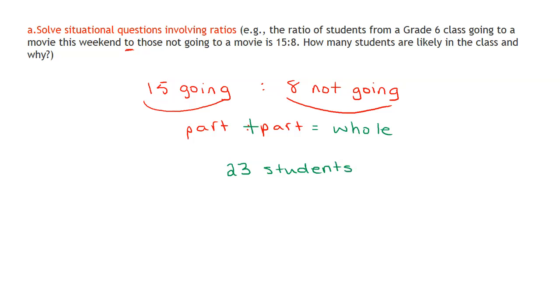So there are obviously 23 students in this group. 15 of them are going, 8 are not. So if you wanted to write your ratio as part to whole, you could say 15 out of 23 are going. You could write it as a fraction. 15 out of 23 are going.